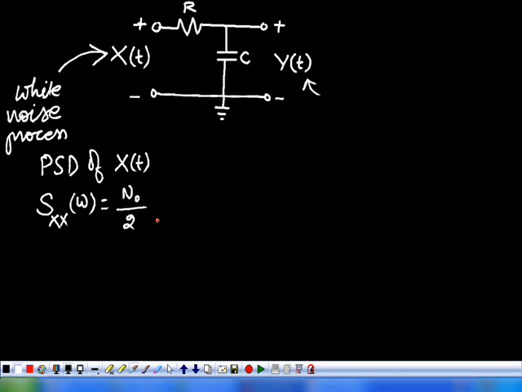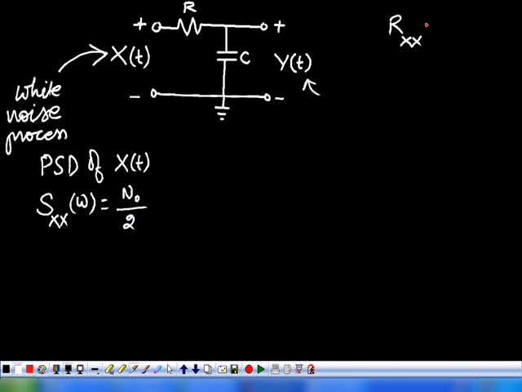So that's why in the previous problem, the interval is mentioned from a certain value to a certain value, that is minus alpha to plus alpha. It is non-zero there, otherwise it is zero. But here, no interval is given. That indicates this value is constant for all values of frequency.